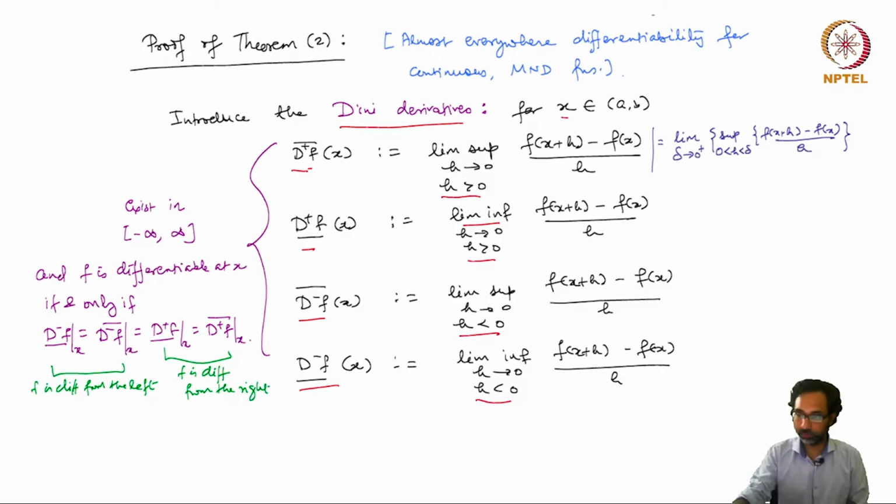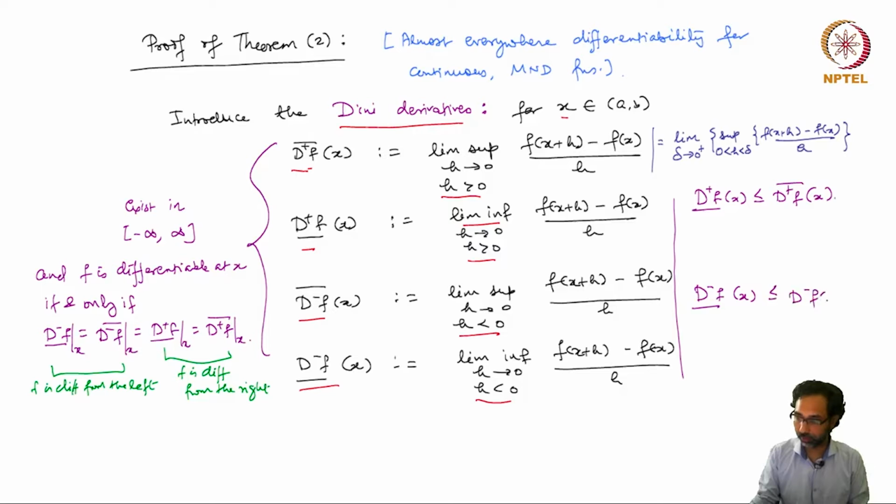And we also have some inequalities. These are quite trivial: D^+ f lower bar is less than or equal to D^+ f upper bar of x, because one is the lim inf, the other one is the lim sup. And similarly D^- f lower bar of x is less than or equal to D^- f upper bar of x.